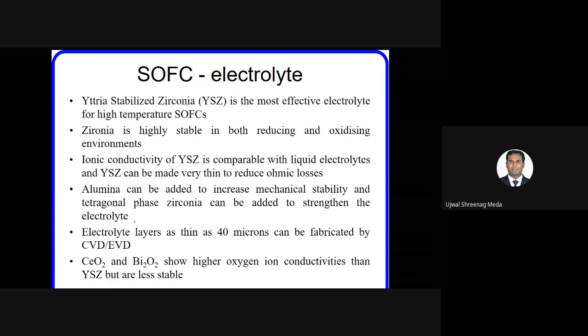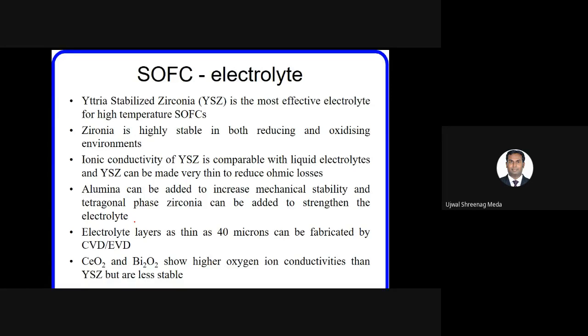It is highly stable in both reducing and oxidizing environments, because at one side of the electrolyte the oxidation reaction takes place, and at the other side the reduction reaction takes place.